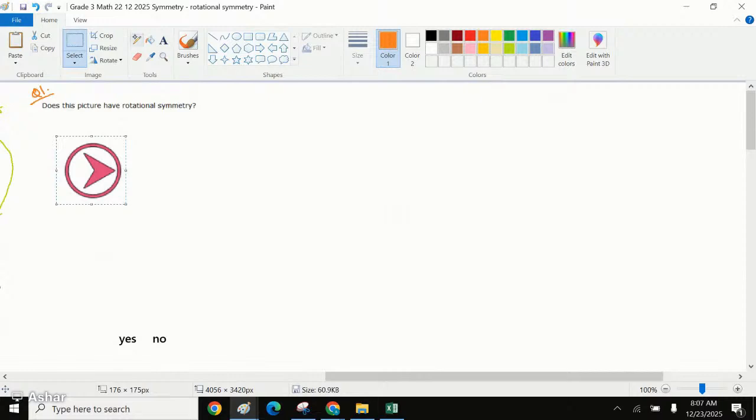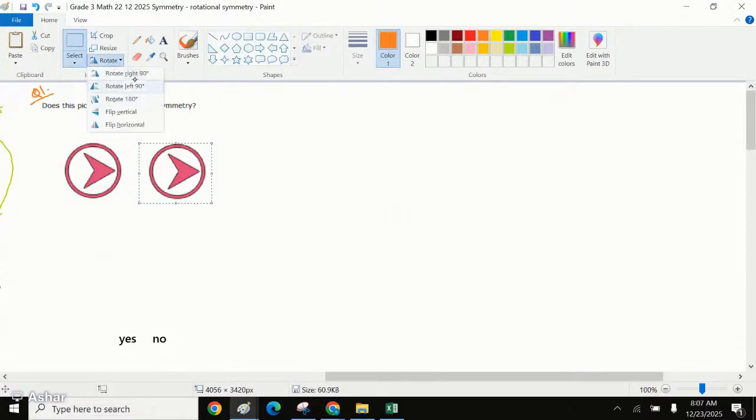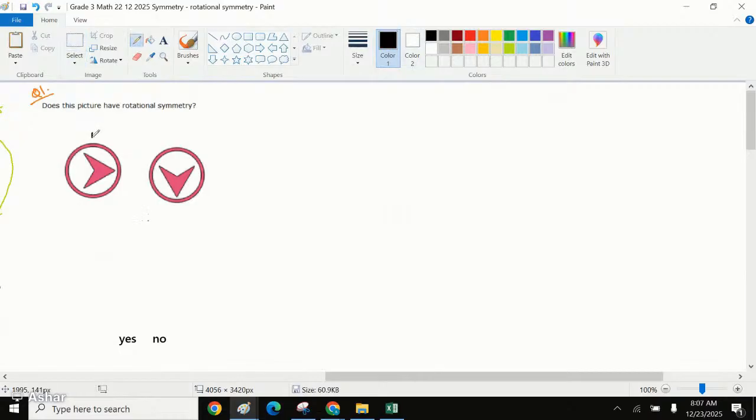Rotational symmetry means that if we rotate this shape, if I select this shape and make a copy of it, and let's try to rotate it from the right side, does this shape look exactly like the original? If this was shape A, the original we had, does shape B look like shape A?